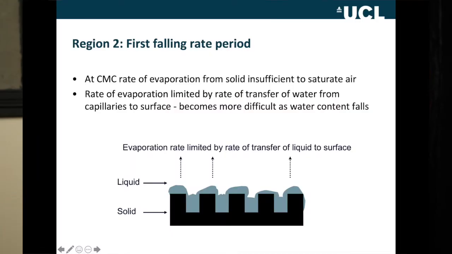Why does the water evaporation rate start to drop off? The answer is because once you've removed most of the water from the surface, the free water at the surface of the material, you don't have a lot of surface area of material left to evaporate from, and the water that is evaporating, it's evaporating from the surface still, but the water is then being replaced by movement of water from capillaries.